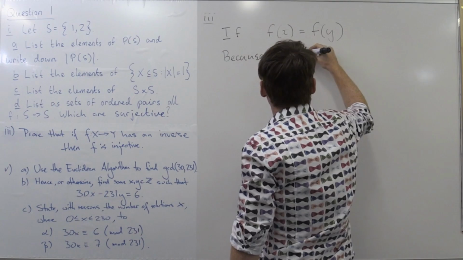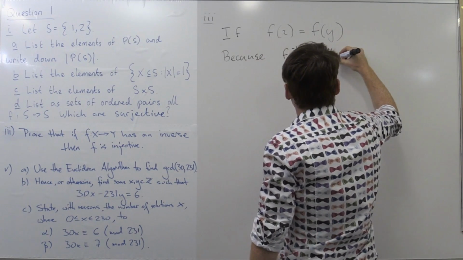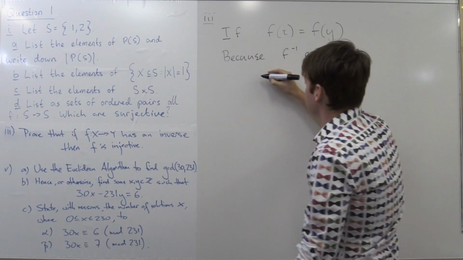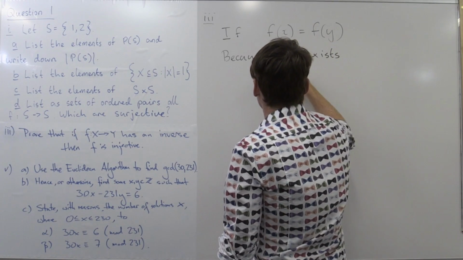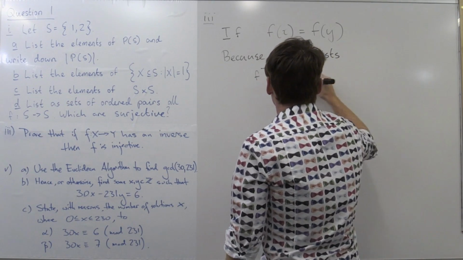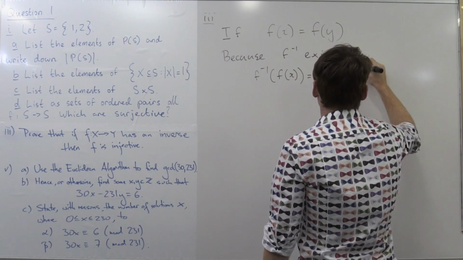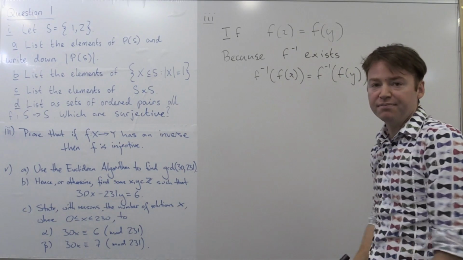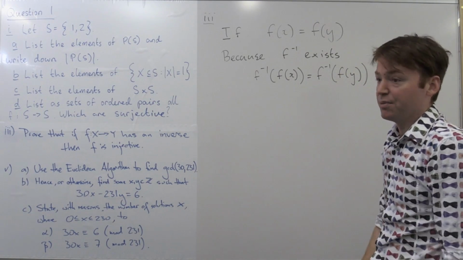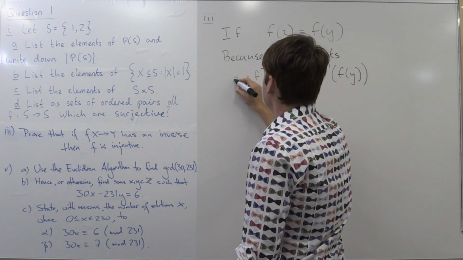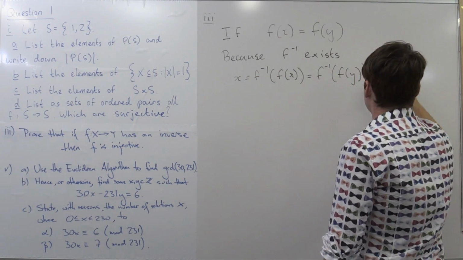Because f inverse exists, I can apply it to this equation, and I can say that f inverse of f of x is going to be equal to f inverse of f of y, because f of x is f of y. So f inverse must do the same thing to both things, and this here is just x, and this here is just y.